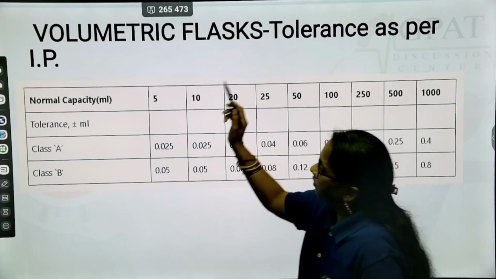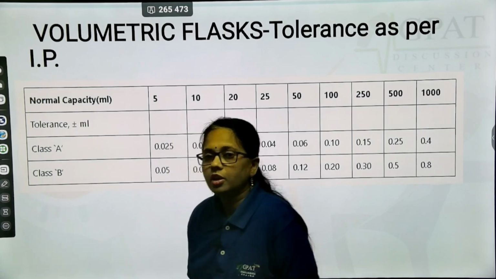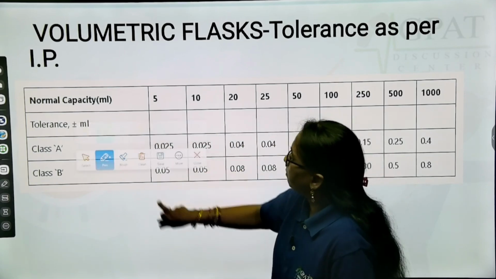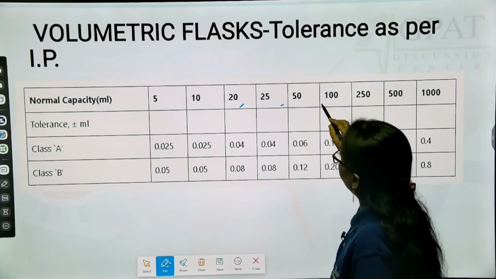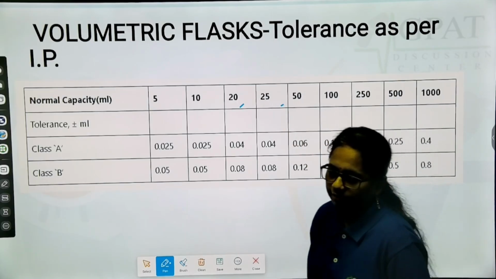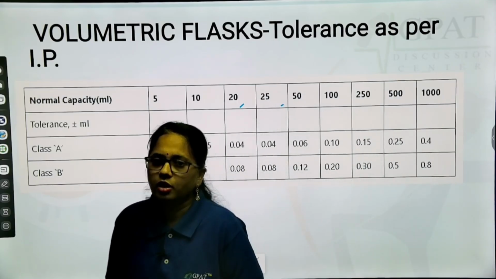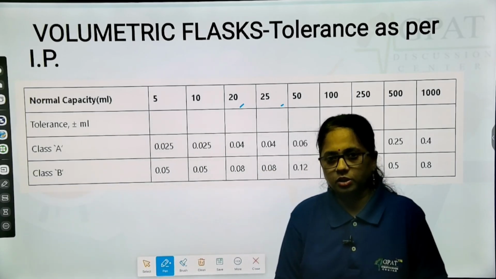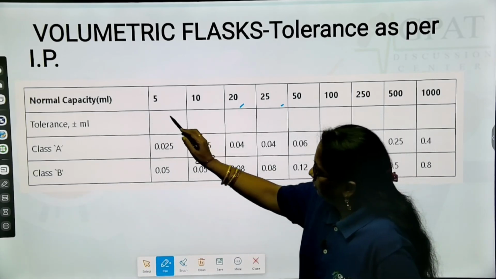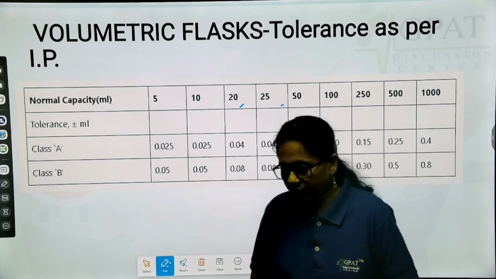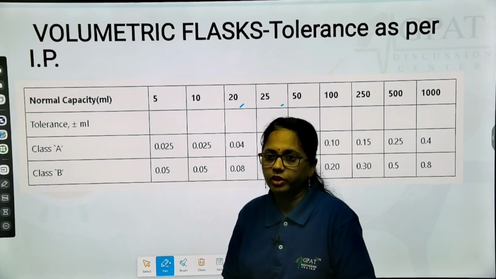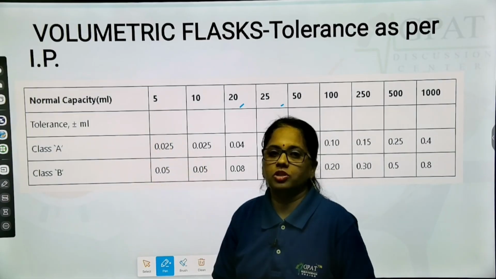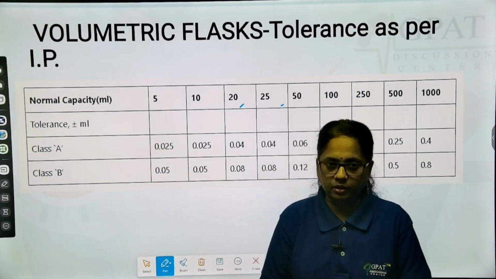For volumetric flasks, different capacities are available, like 5 ml, 10 ml, 20 ml, 25, 50, 100, 250, 500 and 1000 ml. 2000 ml is also available, but that is not a preferred one. Actually, glassware with very high capacity as well as very low capacity is not preferable.